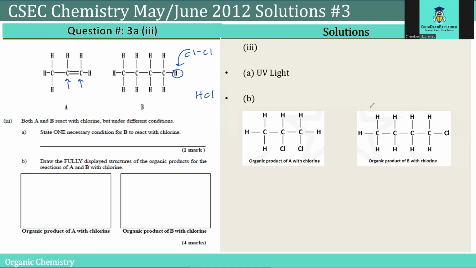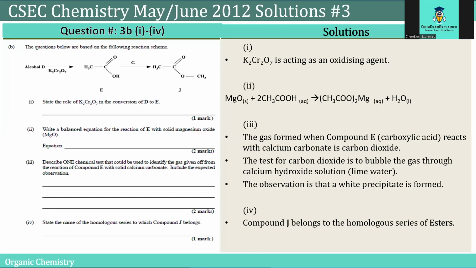So you'll form this compound at the end along with HCl. It is important to note that the reaction for A is an addition reaction, while the reaction for B is a substitution reaction.